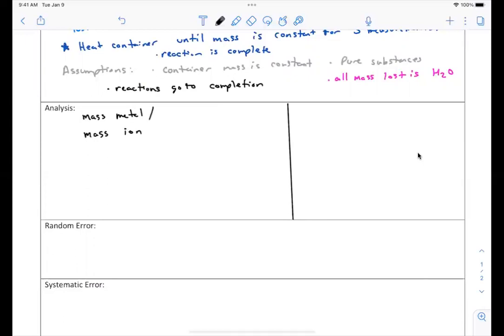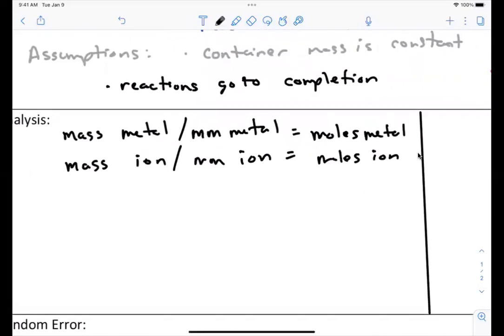And we're going to divide it by the molar mass of each species to get the moles of the metal and the moles of the ion. Let me zoom in a little bit there.